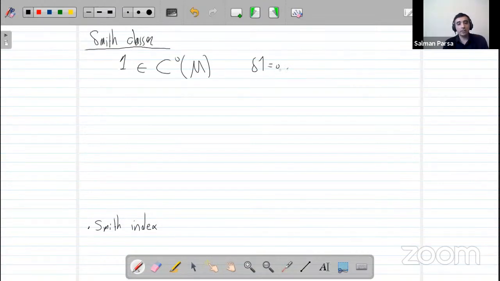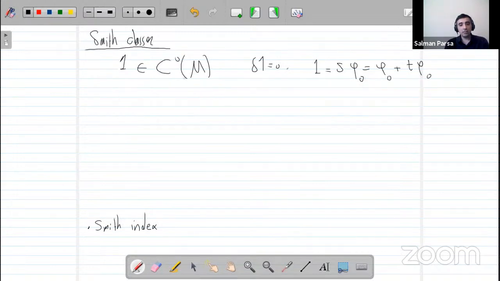Also, 1 we can write as S of some chain, because 1 assigns 1 to every vertex, so you choose a fundamental domain of your vertices, and then phi is a cochain that assigns 1 to a fundamental domain and 0 everywhere else, and then S phi will be 1, because S phi is phi plus T phi. I denote this phi with phi naught.